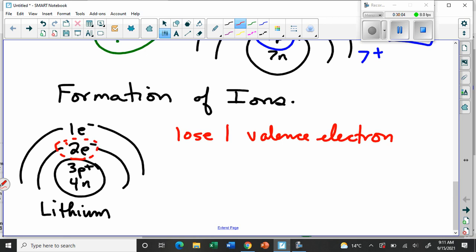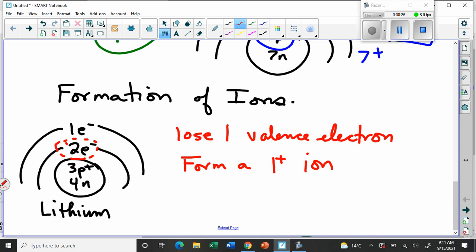See? If he loses the outer one. So he wants to lose 1 valence electron. That means he will form a +1 or 1+ ion. If he does that, he will become charged and he will be called an ion, a 1+ ion.